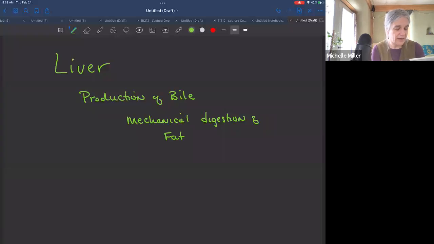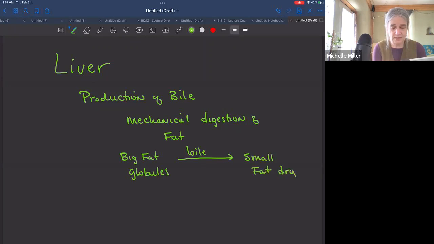So we have big fat globules, and then in the presence of this bile, it produces small fat droplets. And this increases the surface area over which enzymes can attach. So it's considered an emulsification, a detergent. It's considered mechanical digestion. Okay, so that's one of its functions.